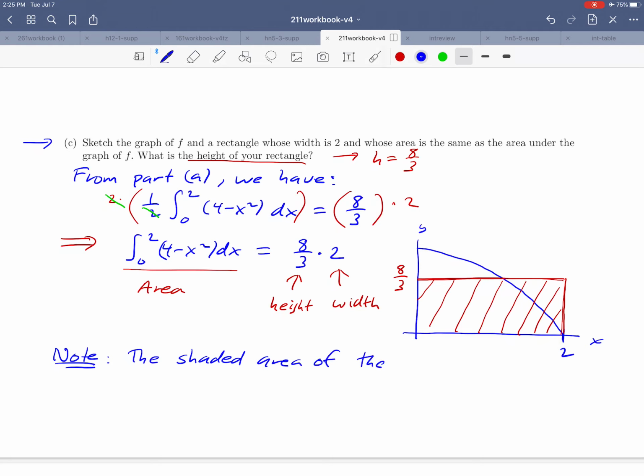The shaded area of the rectangle equals the area under our curve from 0 to 2. That's a graphical way to think about the average value of a function in terms of areas.